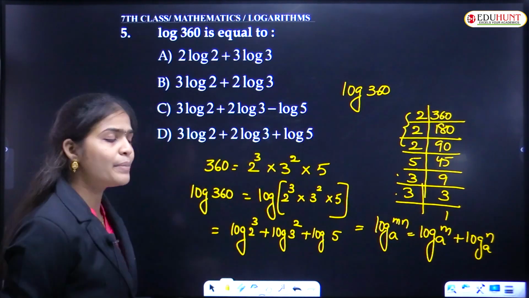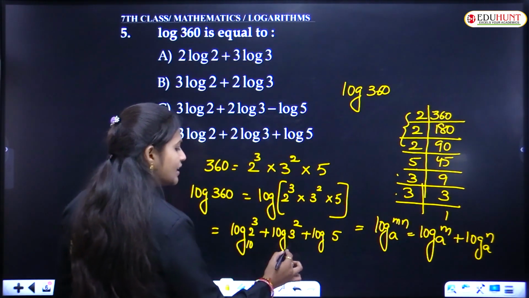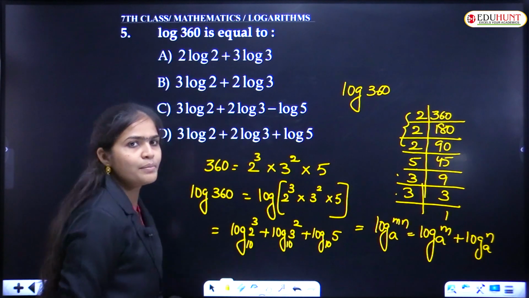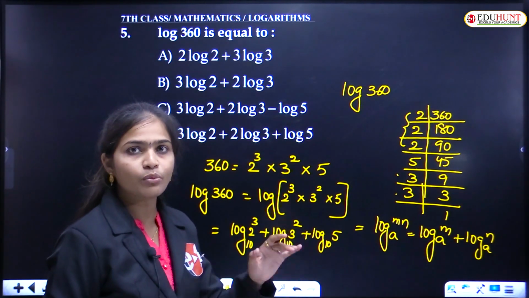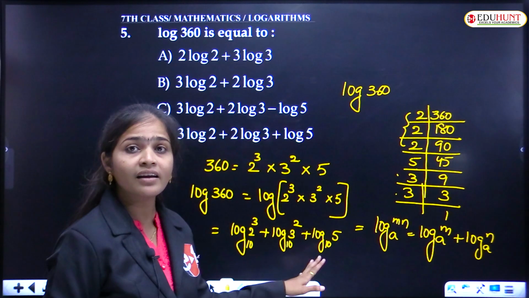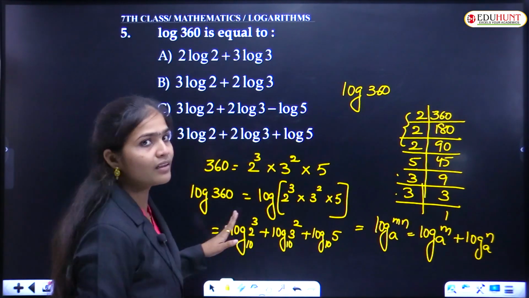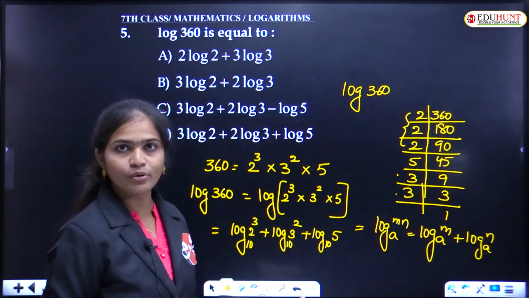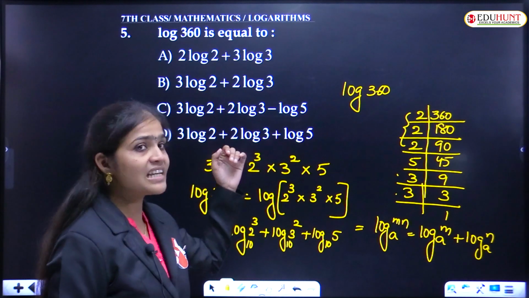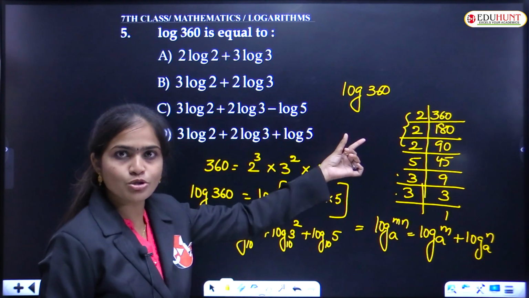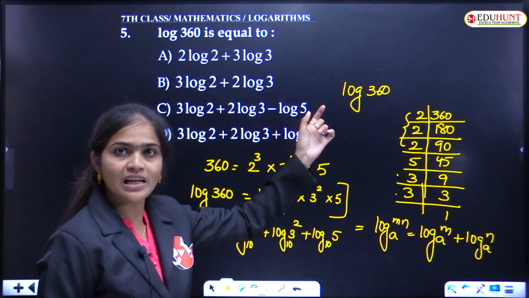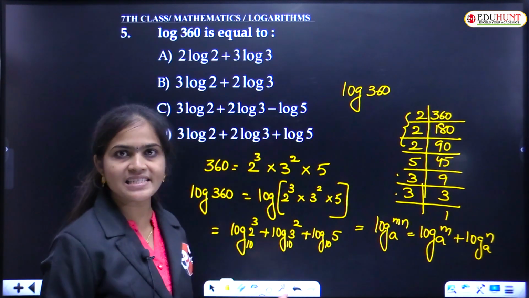So we can take that base as 10. This is your wish. Nothing is there means it is base 10 only. Whether you write it or not, it doesn't matter here. Why? Because we are discussing logarithms with base 10 only, no? If we need to change to any other base, they will mention that. In the previous question also they gave base 2. If they didn't mention base 2, then we can easily take base 10.